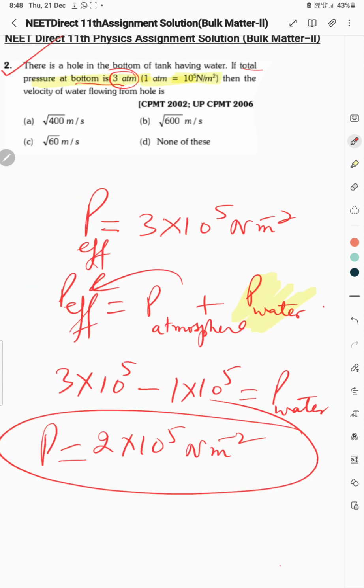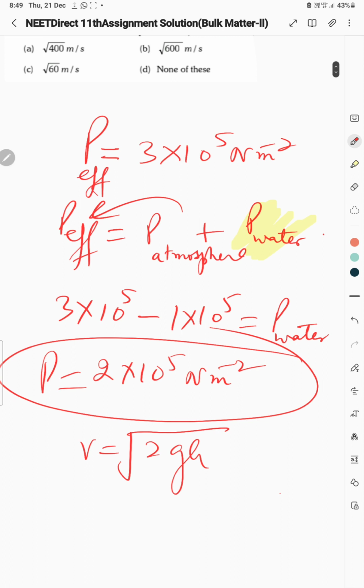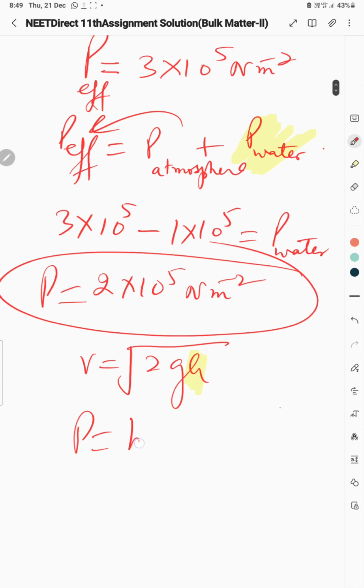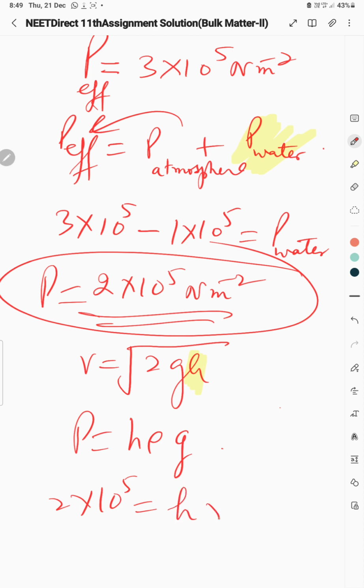And as you know, the velocity of efflux is given by square root of 2gh. Here, I got to know the height h, height to which water is filled. Again, there's a tricky point. You should know the formula of pressure, which is h rho g. Pressure is 2 into 10 power 5. H we do not know.